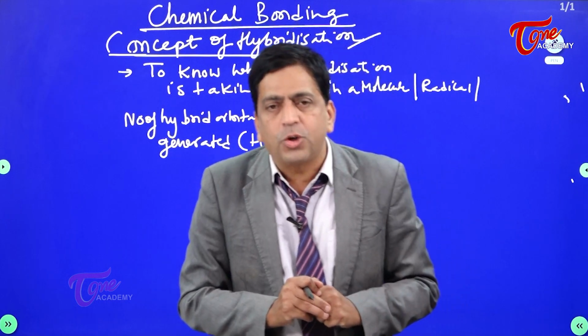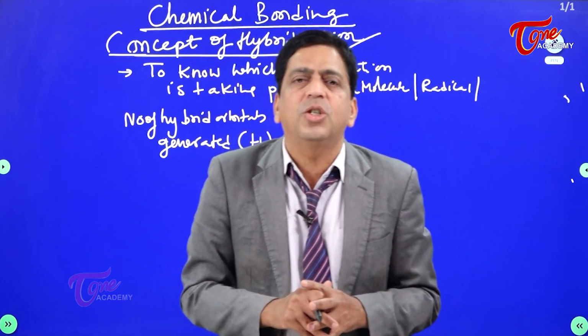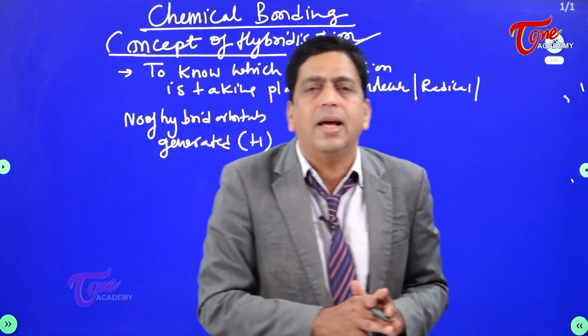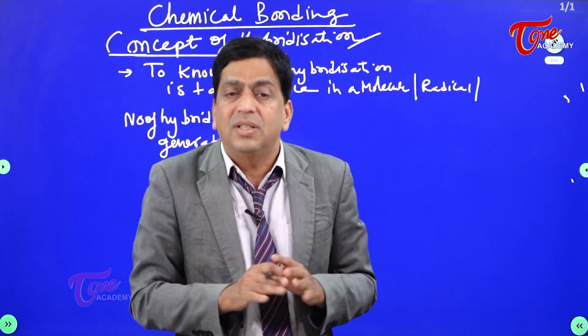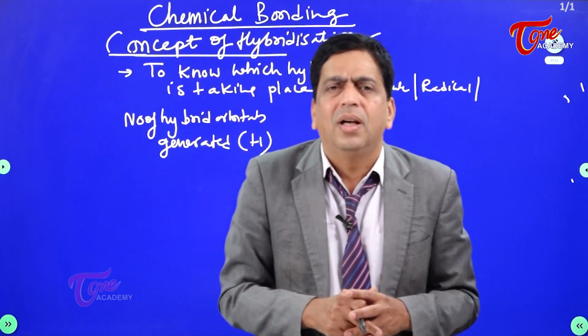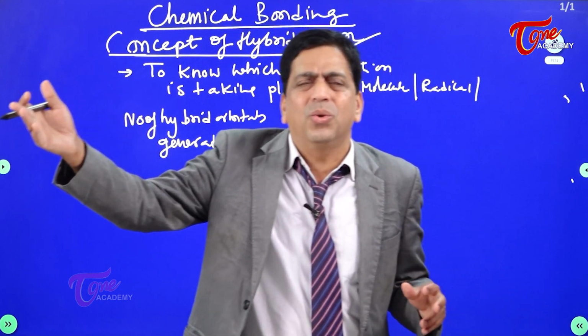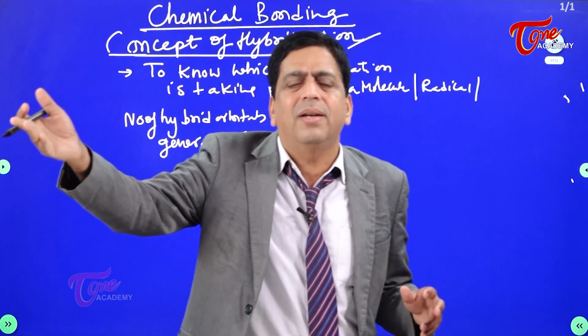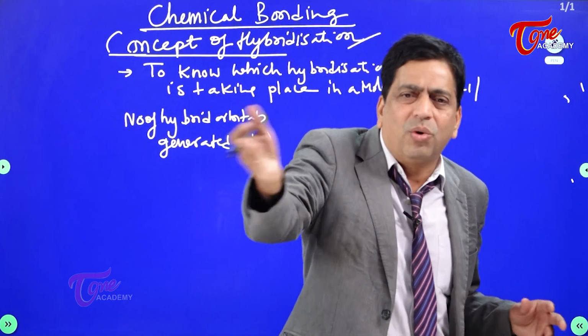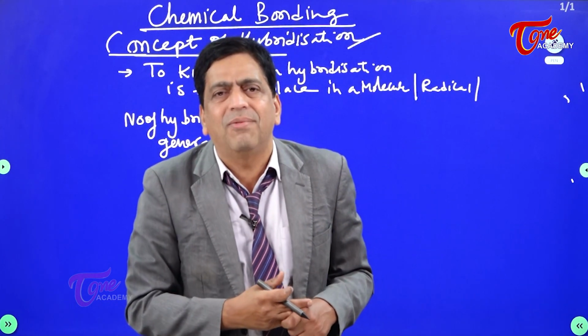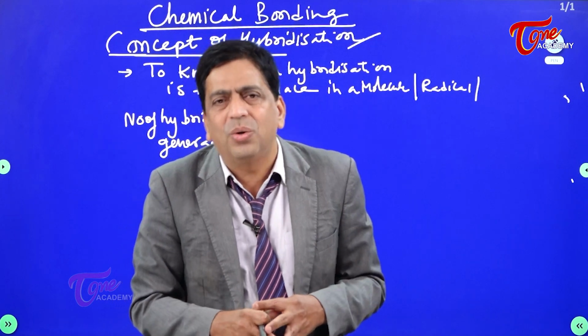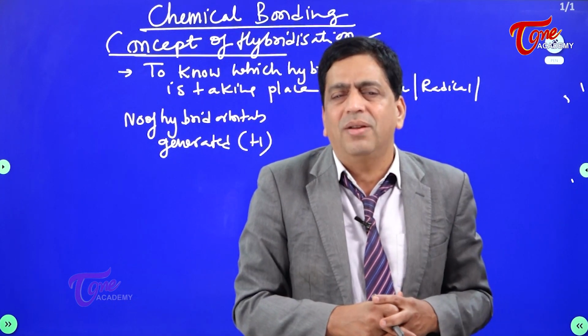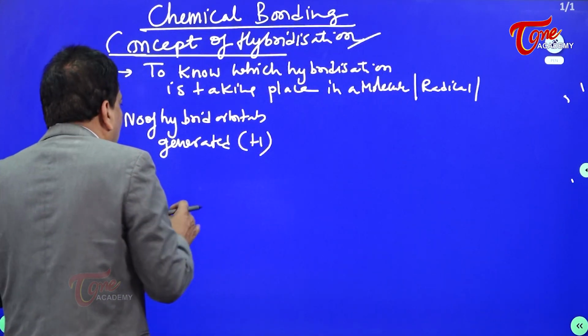So if someone wanted to know which type of hybridization is taking place in a particular central atom in a molecule, this will be the toughest part for you, because there are several molecules outside waiting for you to propose the theory for them. For that, first you should know what hybridization is, and if you're facing difficulty, first know the number of hybrid orbitals that get generated, so you must know H first.